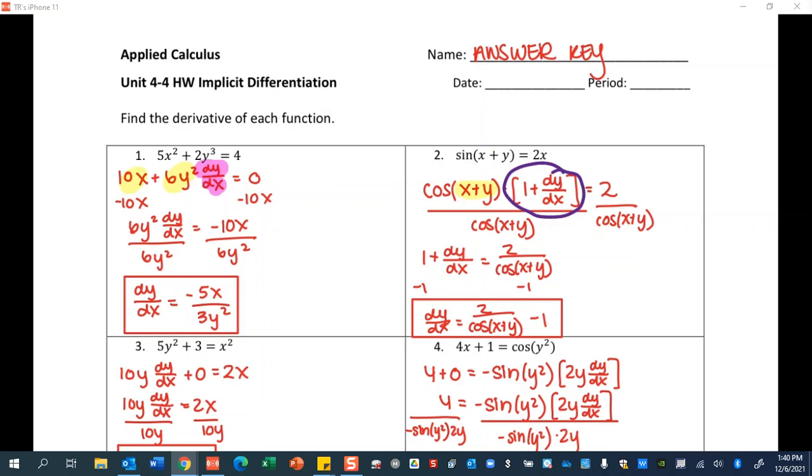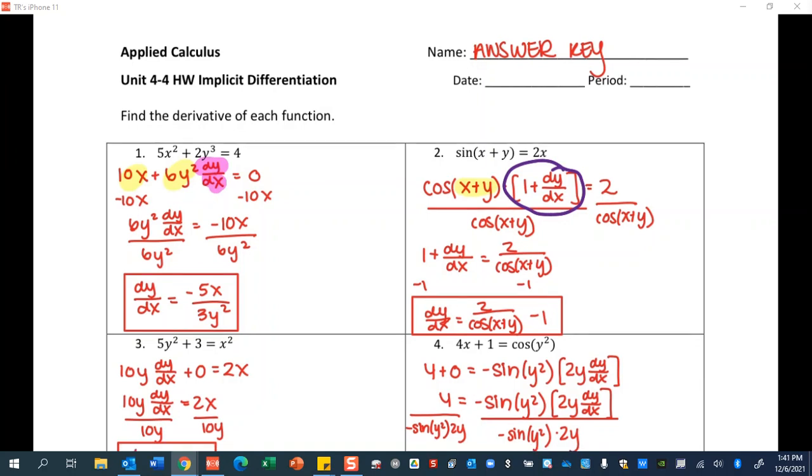What is that? Who can explain to me where that came from? Go ahead. Yeah, this is the chain rule. So our outside function is the cosine of something.